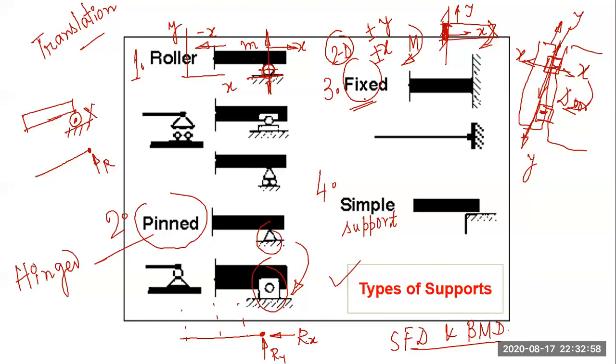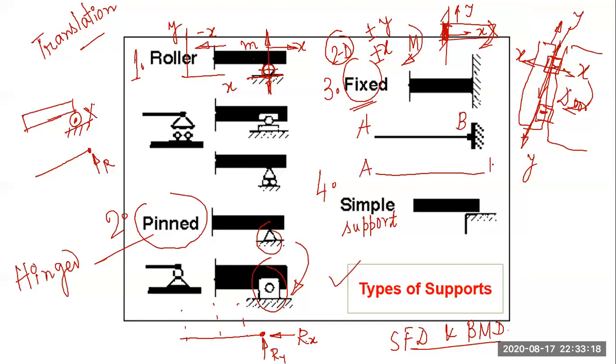So if you want to replace the fixed joint while drawing the free body diagram, we have to draw like this. So this is the beam, as well as draw the length. Say if the beam is AB, give a name AB.